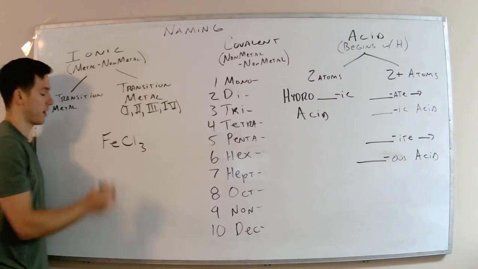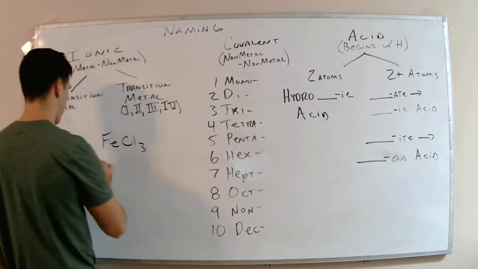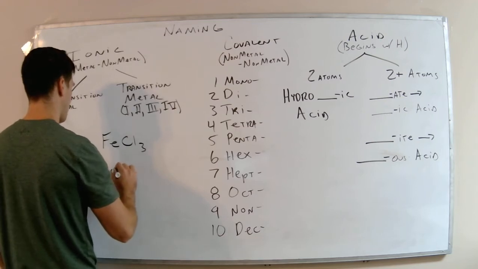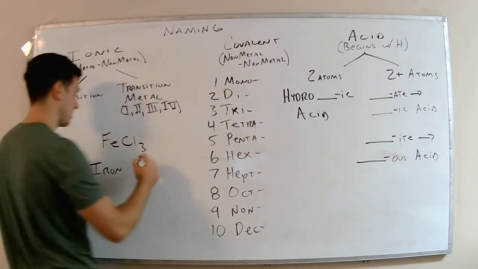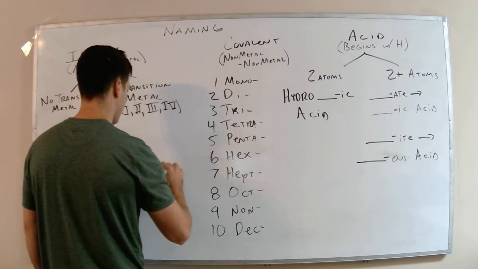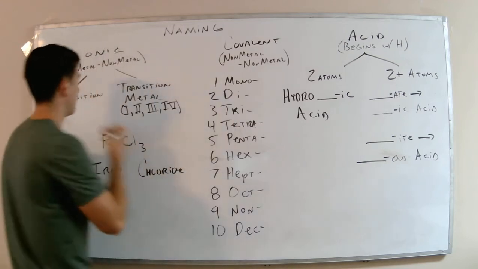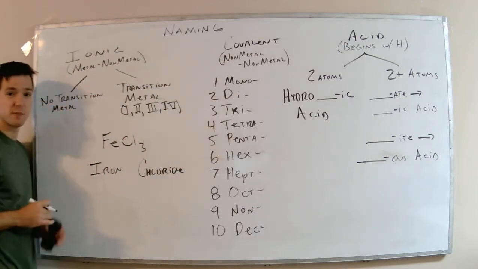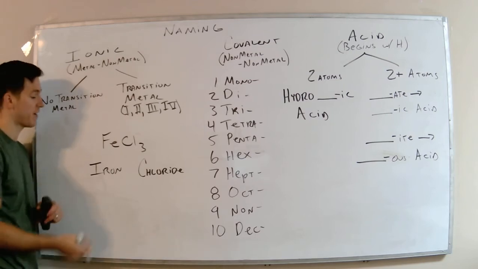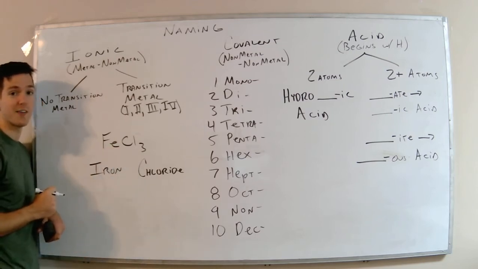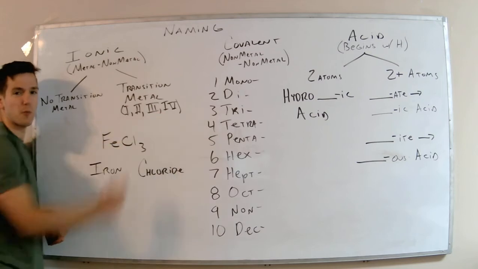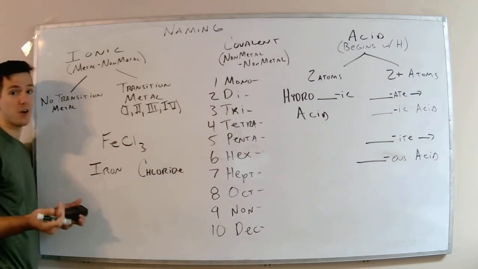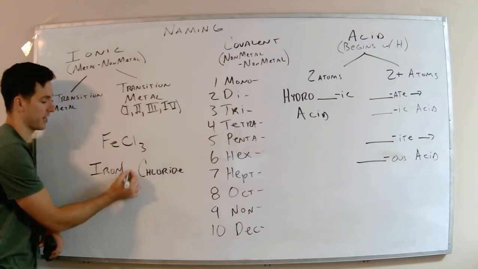So how we name this is I'm going to say iron. That chlorine is still going to be chloride, but here's the difference. Transition metals can have varying charges, so we have to state what the charge on that iron is with one of these Roman numerals. How do we know the charge on iron? We just look at its partner.